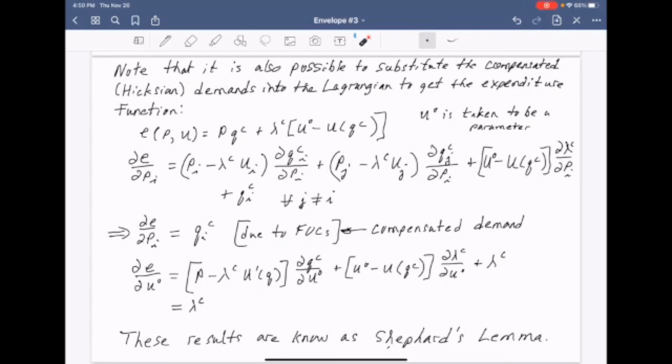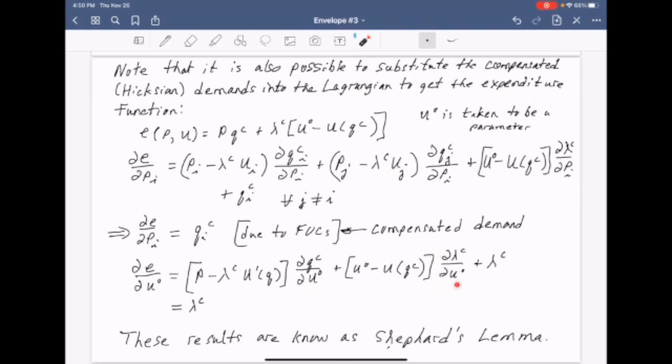If we use the expenditure function again and look at it with regard to the indifference curve, whether we're on that U0 or some higher one, so if we go to a lower or a higher one, that's denoted by this small change here. We get this expression. We take the derivatives now of the Q's, the various Hicksian demands, with respect to this parameter, and we do the same thing here for the constraint.